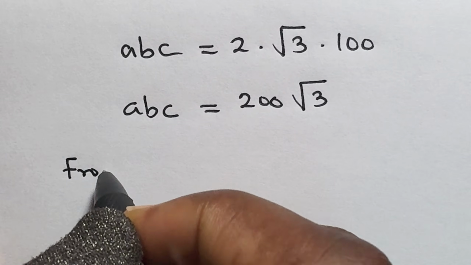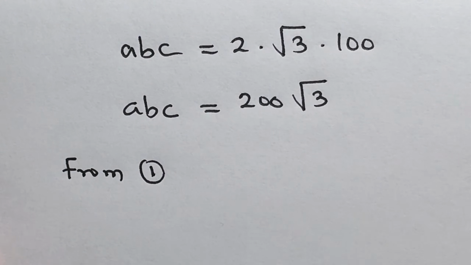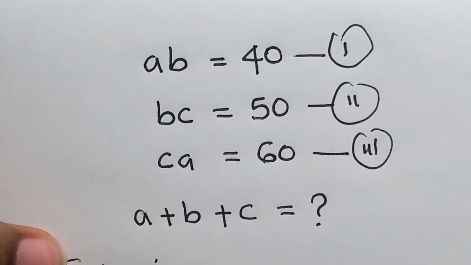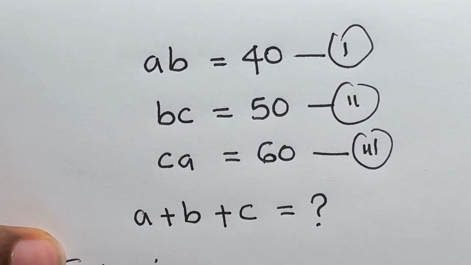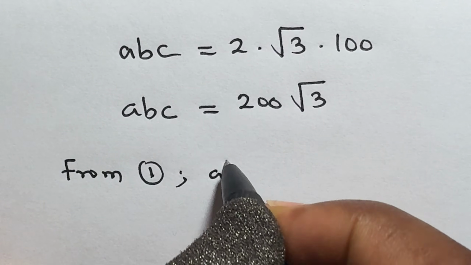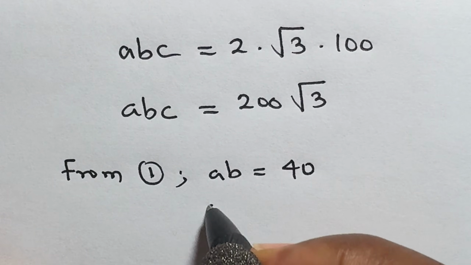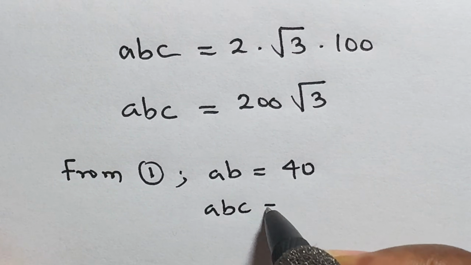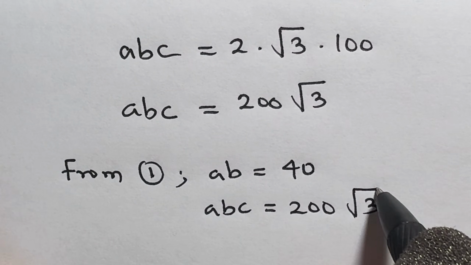We'll start with equation 1. From equation 1, we were given that AB is equal to 40. And now we got ABC is equal to 200 root 3.